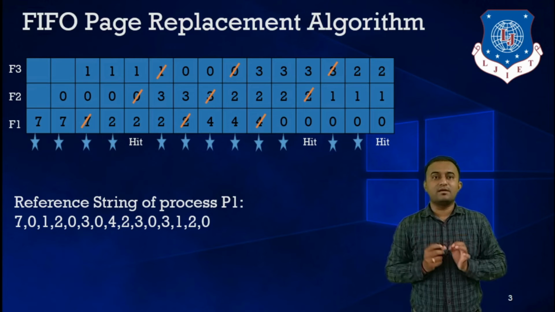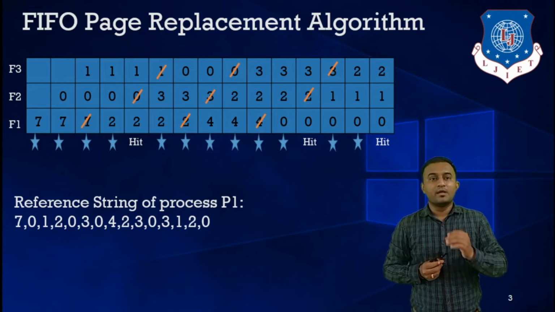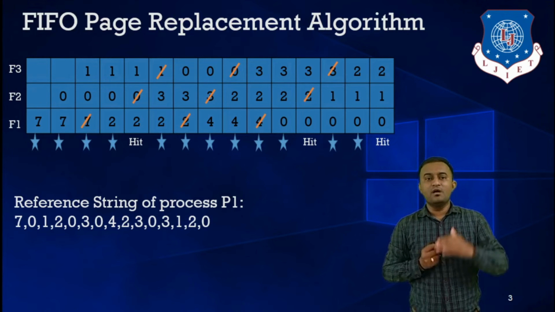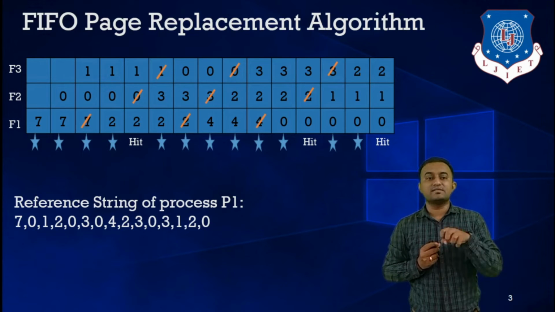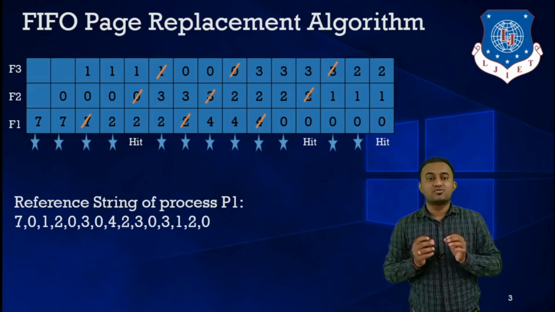Let us discuss this with the help of this example. First, look at the first column of this table. The first reference string entry in sequence is 7. The page 7 needs to be loaded into a frame. Right now all the frames are available, so I will simply put 7 into the first frame, F1.